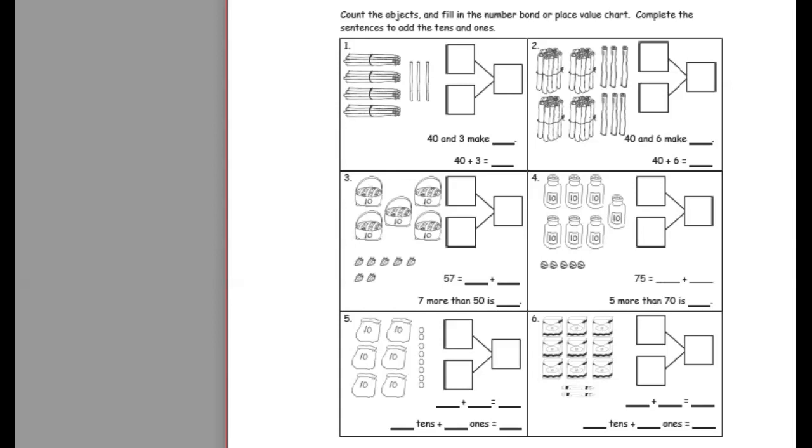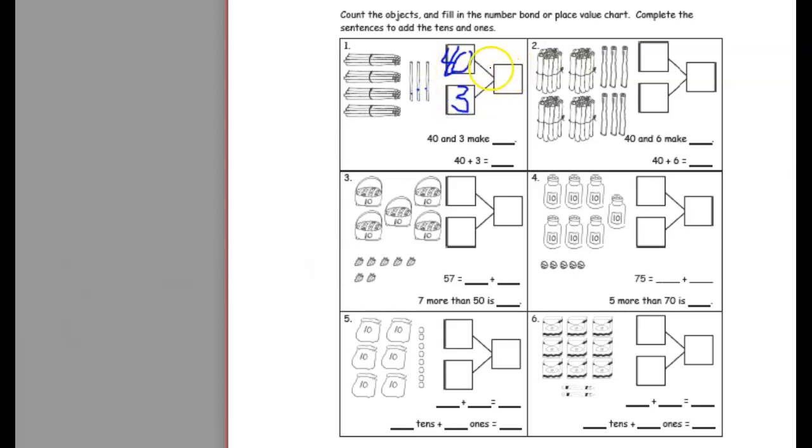All right, so let's check your work. Here we have how many tens? 1, 2, 3, 4. 4 tens is what number? 10, 20, 30, 40. So 40 plus 1, 2, 3.